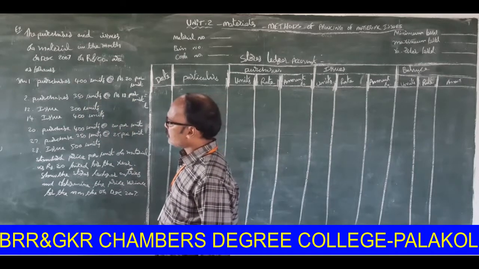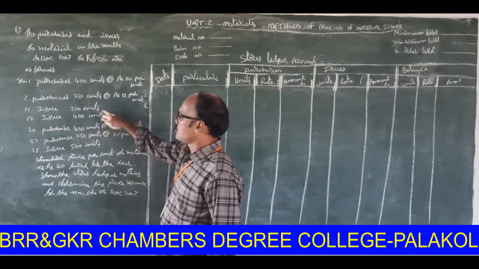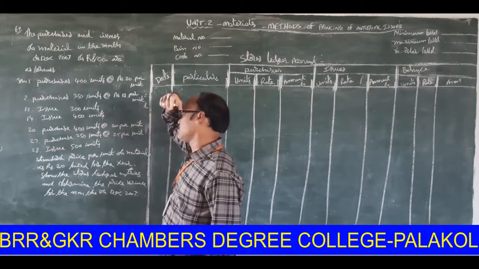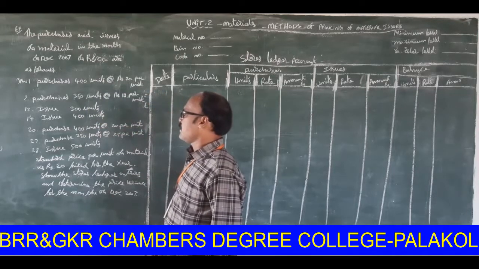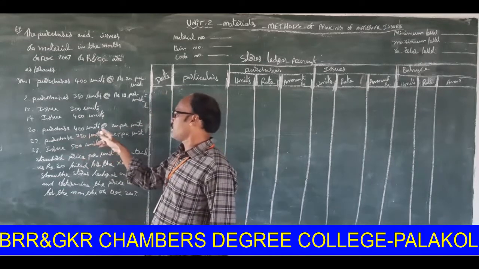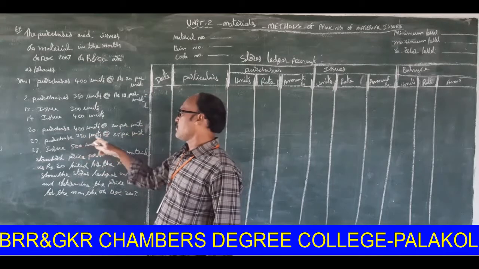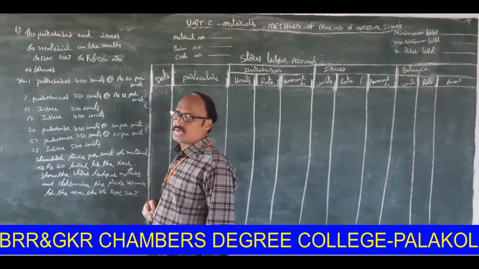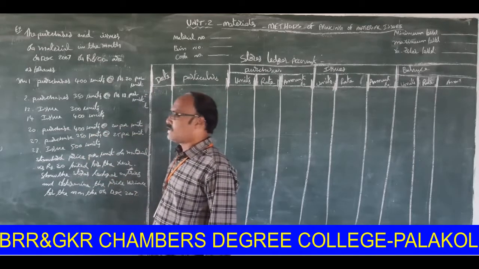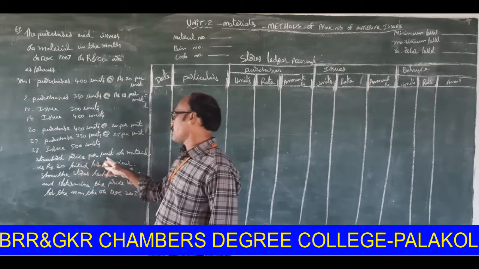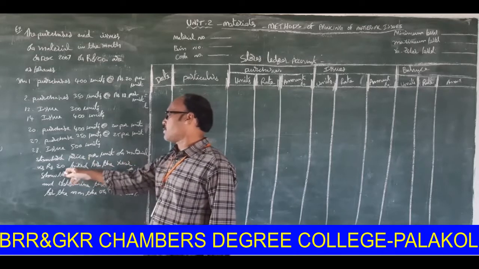Next one, issue 300 units, issue 400 units. January 20th purchase 400 units at the rate of 20 per unit. 27th purchase 250 units at the rate of 25 per unit. Issues 500 units.